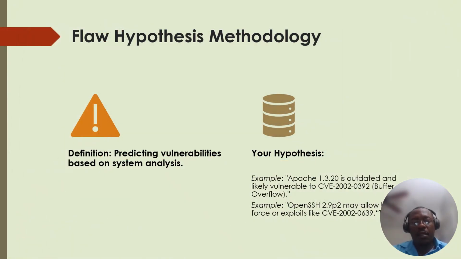Flaw hypothesis methodology. The flaw hypothesis methodology is a structured approach used in vulnerability analysis to systematically identify potential vulnerabilities in a system. It emphasizes understanding and analyzing how flaws or weaknesses exist in the system design, implementation, and configuration.